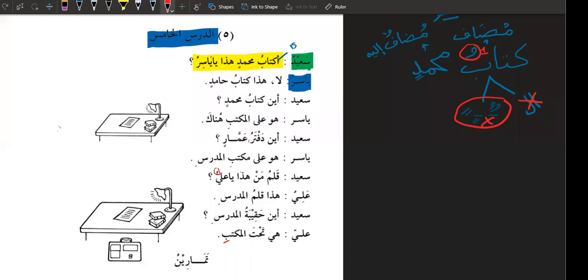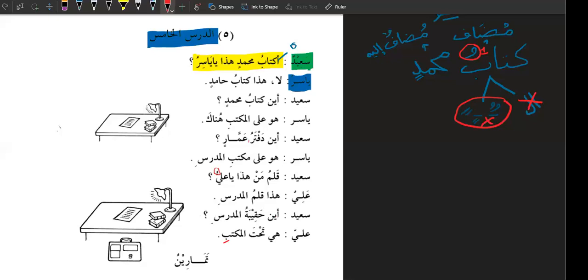So kitab mudaf never takes alif and lam, and it never has two fathas, because if we look at the word, it doesn't have alif and lam, so its origin should be two dhammas. If we've done that in book one, kitabun, and when we add alif and lam, we say al-kitabu. But here it has one dhamma.